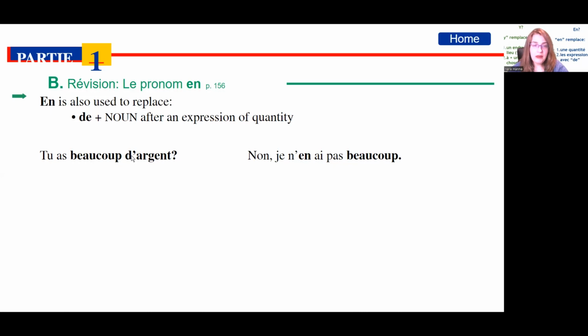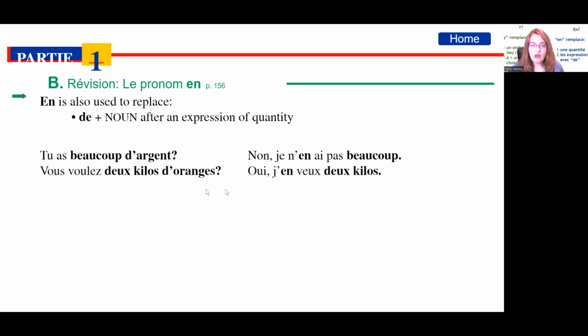So here we replaced de plus argent with en, and then we moved it before the conjugated verb. Je n'en ai pas, but we left beaucoup. I don't have a lot of it. In English, we might say, no, I don't have a lot. But in French, we have to say of it, right? I don't have a lot of it.